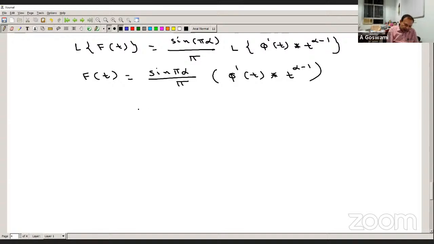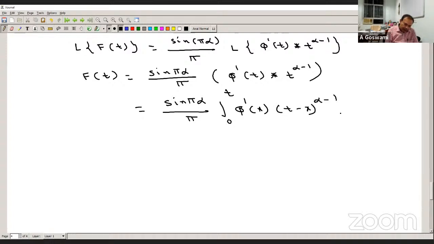And this equals sine pi alpha by pi times the integral from 0 to t, just using the definition of convolution, of phi dash x into (t minus x) to the power alpha minus 1 into dx.